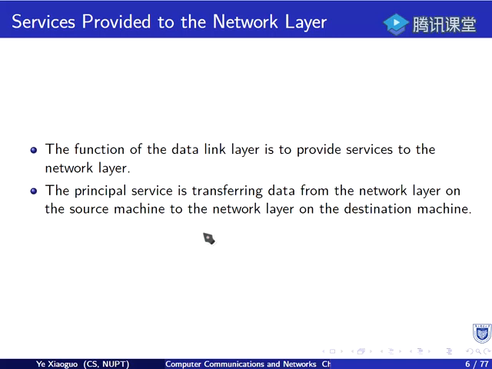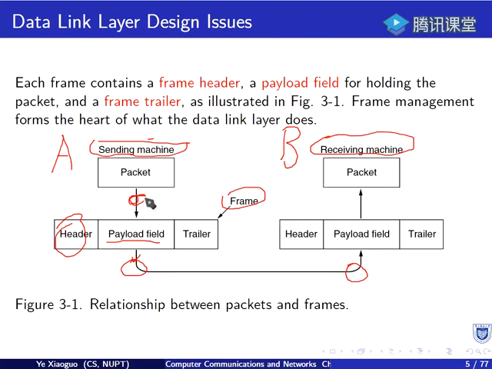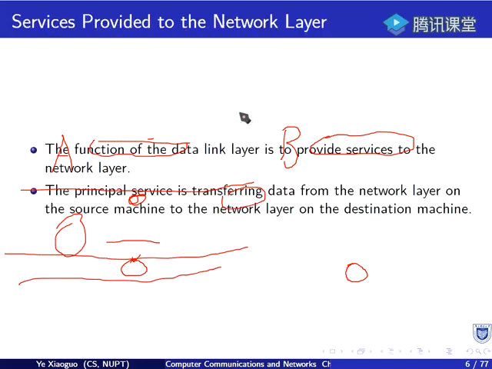Services provided to the network layer: the services of the data link layer provided to the network layer. This is a network layer, this is a data link layer, and this is a physical layer.